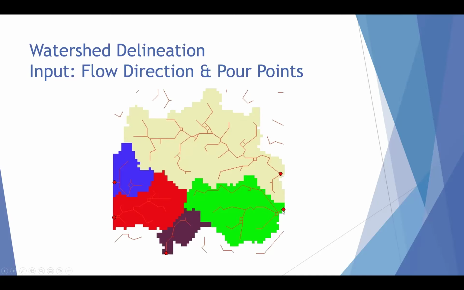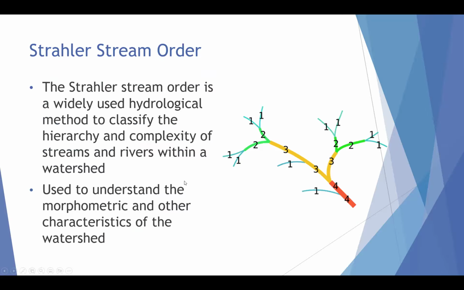For this outlet, this is the watershed, and for this outlet, this is the contributing area, or the watershed. So we have got 5 outlet points, and for each of them we have delineated the contributing upstream area. This is how you delineate the watershed.